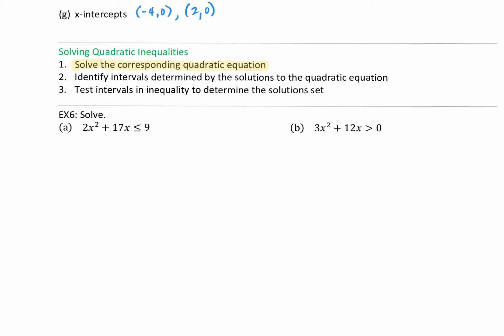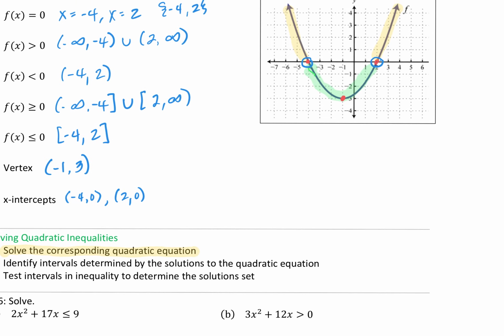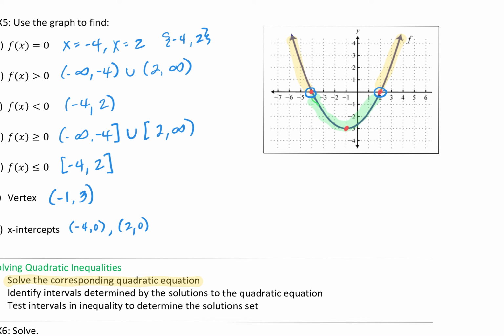As we saw on the graph above, those solutions are going to be where your function is equal to 0. So those points correspond to the x-axis.